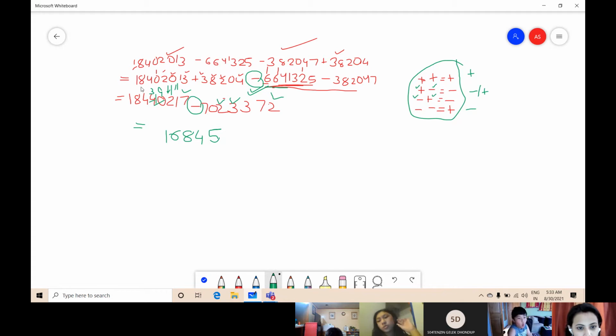Now next step 4. 4 minus 0 will be 4. Now 8 minus 7 will be 1. And now here 1 and here is no number left, means 0. 1 minus 0 will be 1. So this is the answer.